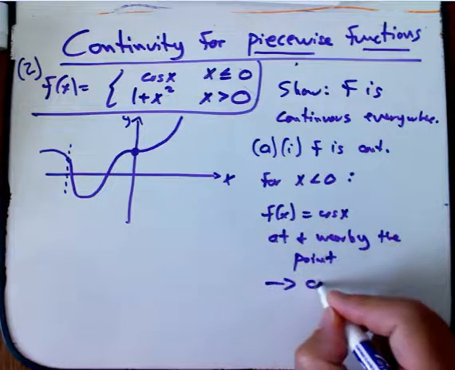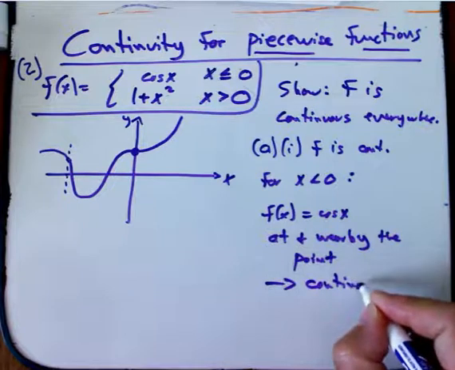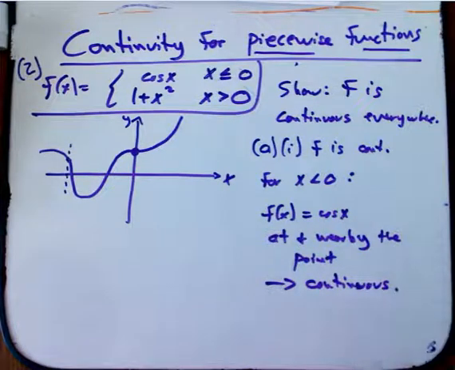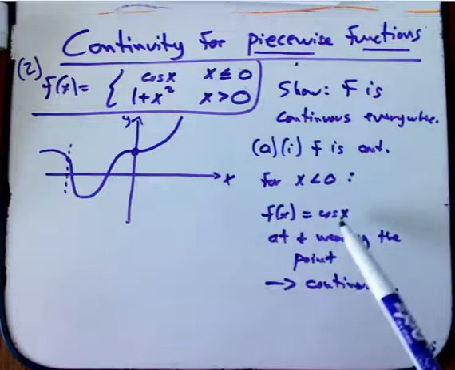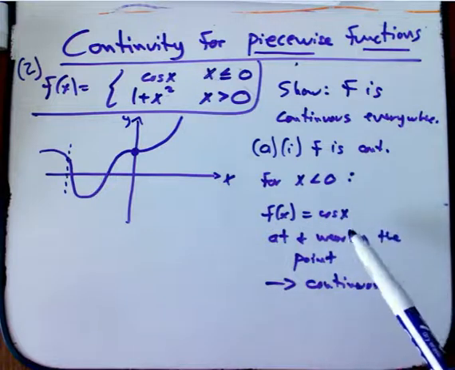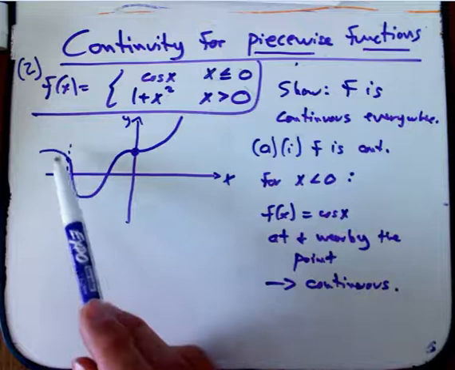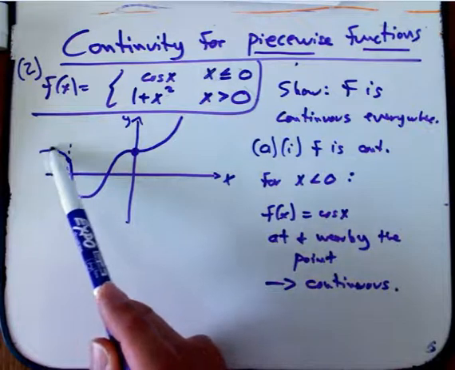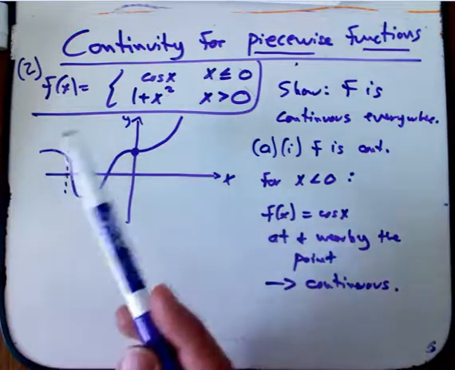And that's continuous by our big theorem about library functions. So we don't have to delve into exactly why that's true. We're going to quote that and say, look, it's just given by cosine x. Coming in from limits from both sides, it's giving cosine x, everything's good.